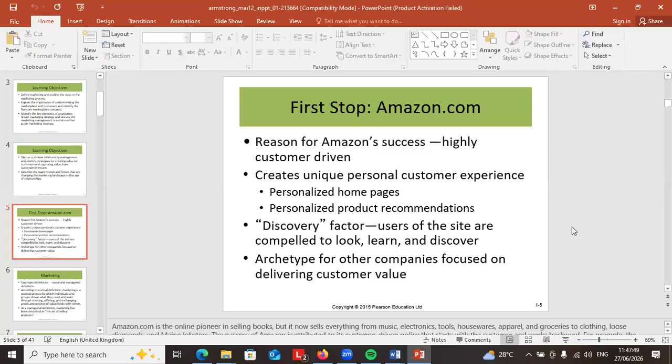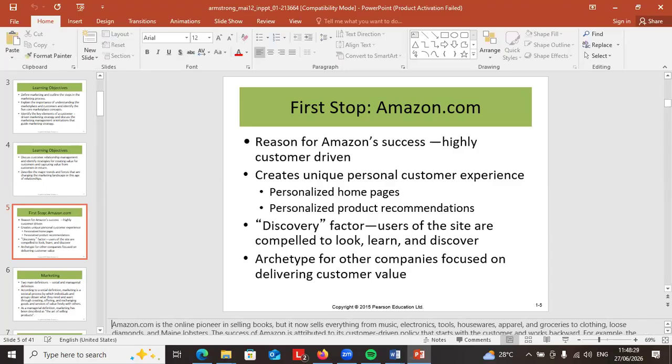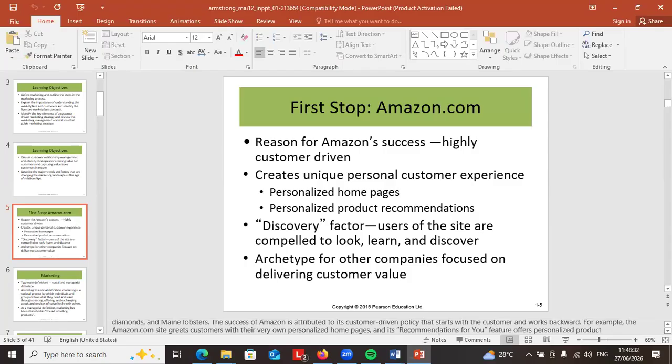The case study has to do with Amazon.com. In fact, Amazon is the online pioneer in selling books, as we all know. But now it sells everything from music, electronics, tools, housewares, apparel, and groceries to clothing, loose diamonds, and even lobsters, right? So the success of Amazon is attributed to its customer-driven policy. How was it done?